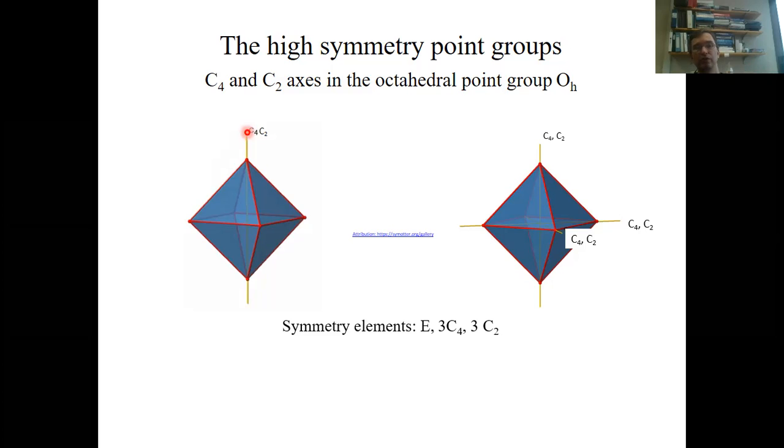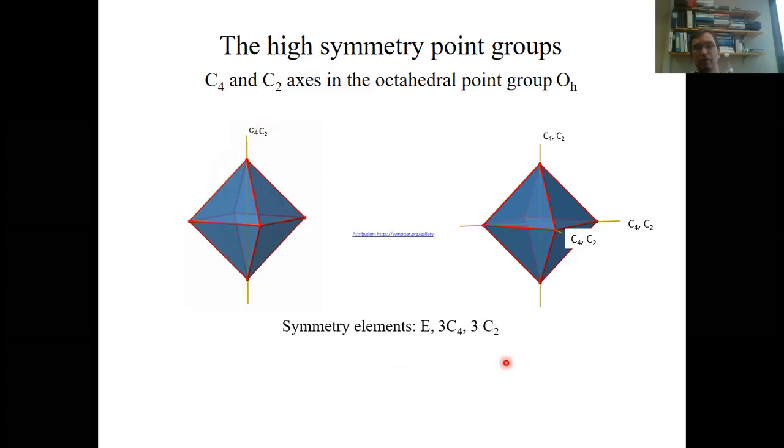In addition, you do not need to consider the C4-2, which rotates 2 times around 90 degrees. Rotating 2 times around 90 degrees is like rotating around 180 degrees, and rotating around 180 degrees is already accounted for by the associated C2-1 symmetry operation. Okay, so we do not want to count symmetry operations twice, and we tend to count the more simple symmetry element over the more complicated symmetry element. So we choose the C2-1 over the C4-2.